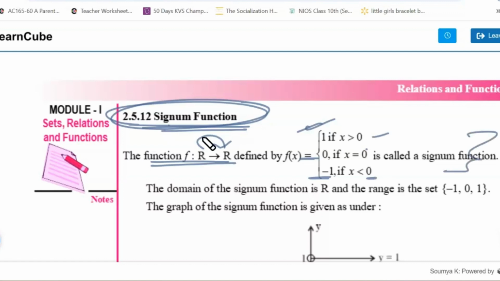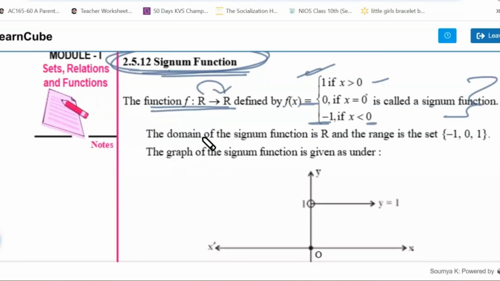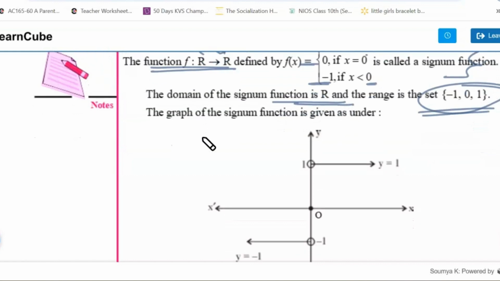So this is known as signum function, where the domain is only the real number, and the range, all the values that you get for the range is 3 values, minus 1, 0 and 1. A graph looks like this, where you have got y is equal to 1, y equal to minus 1, and the value 0. So this is the signum function.